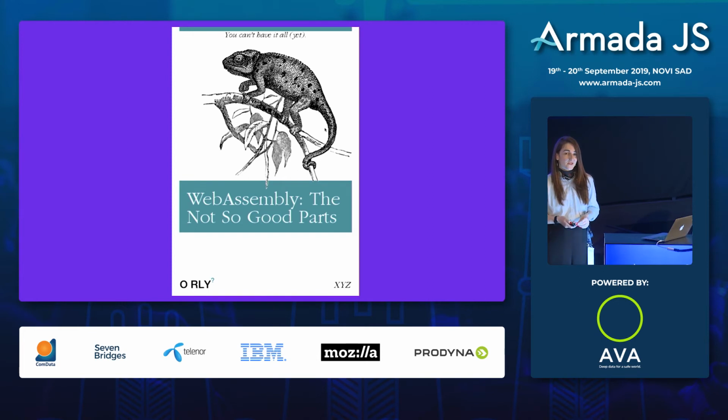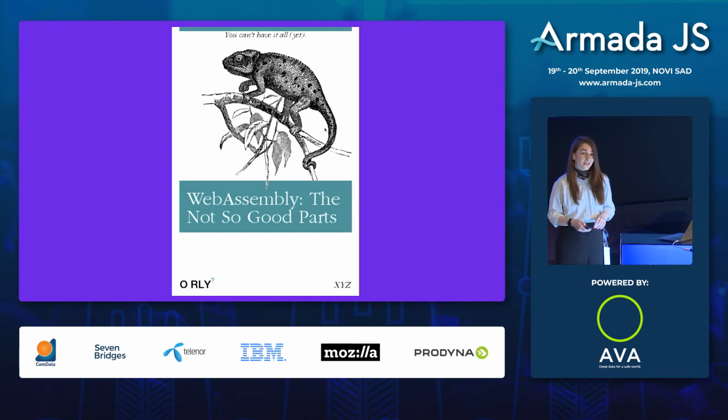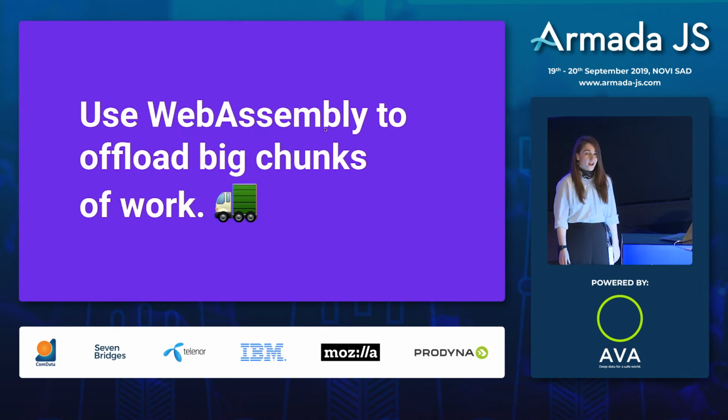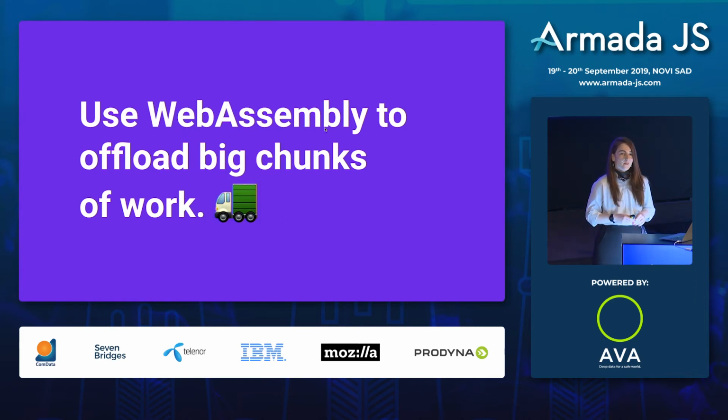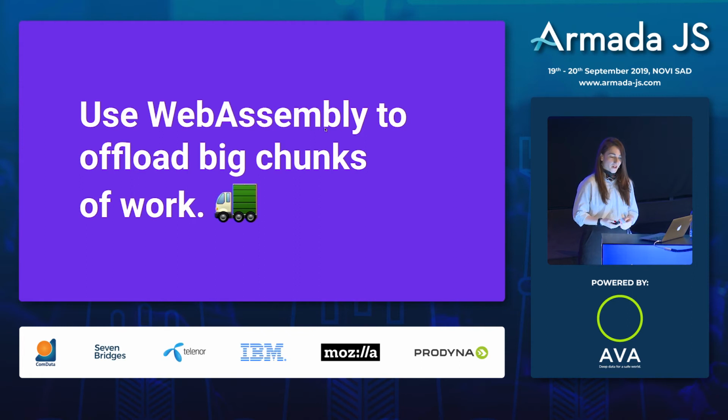There's no access to external JavaScript variables right now. But again, these are the bad parts that will likely change very, very soon. So for now, good advice is to use WebAssembly to offload some big chunks of work. Those are resource-hungry tasks, like maybe resizing images or processing audio streams.